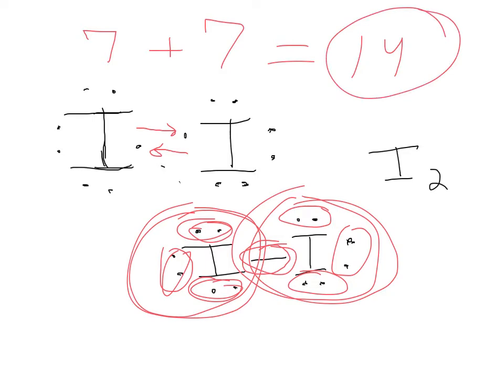So let's take a look at another example. Okay, so let's look at PCl3, phosphorus trichloride. And so first thing we can do is count up the numbers of electrons that are going to appear in the structure.